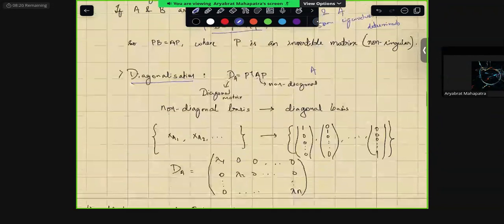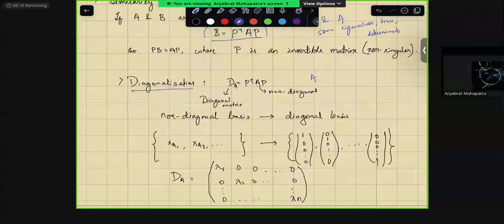So you see that you go from one non-diagonal basis to a diagonal basis. There you use the similarity transformation. That is the key idea behind doing a similarity transformation: you basically go from one basis to the other.